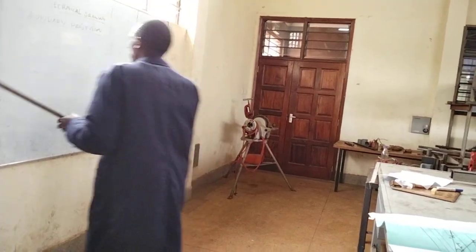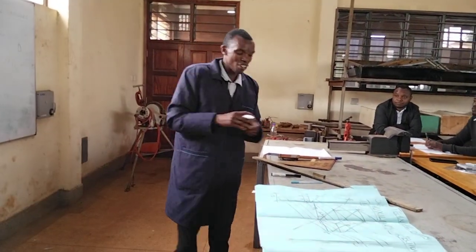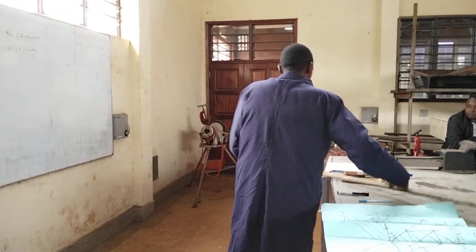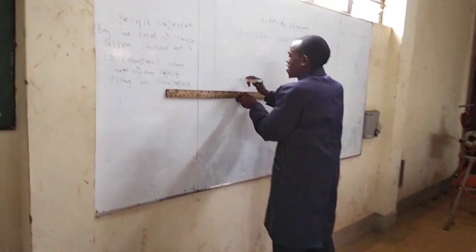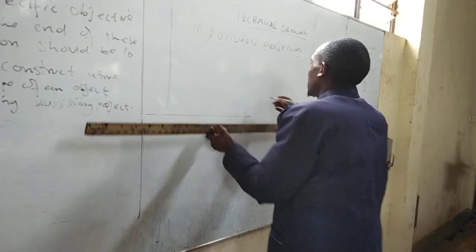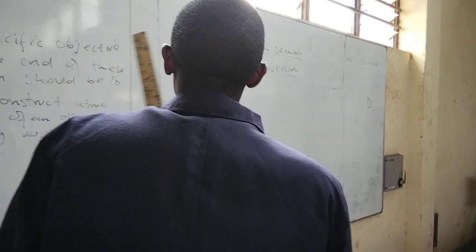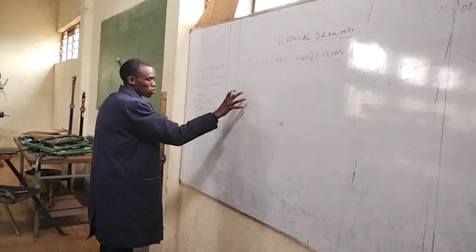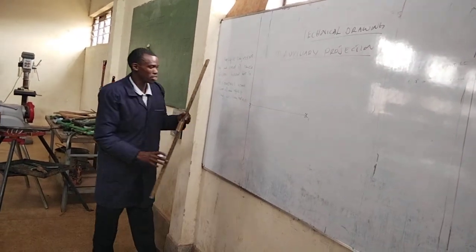So you come and draw using a set square. Let's continue. I was saying before you draw, you must have a reference line. So start by drawing a reference line, and we call it x1. Our front elevation and plan elevation: we draw the front elevation at this side and the plan elevation at this position.